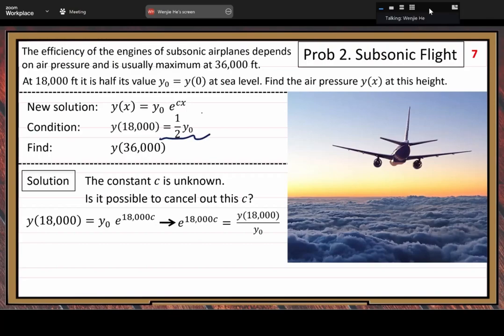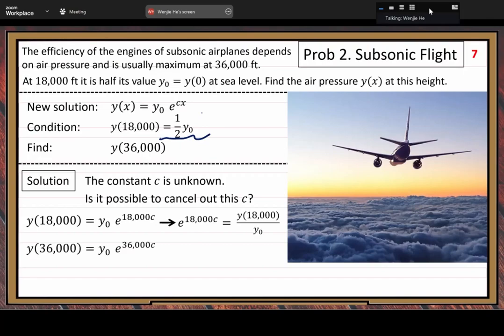We will use it later. So here we just rewrite. Because C is unknown, let's write the expression containing unknown constant C at the left-hand side. On the right-hand side, we write this expression.